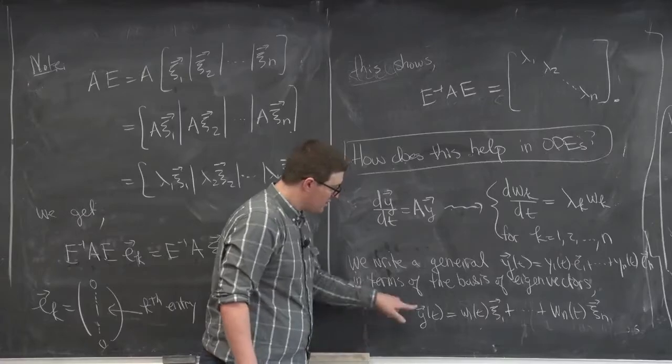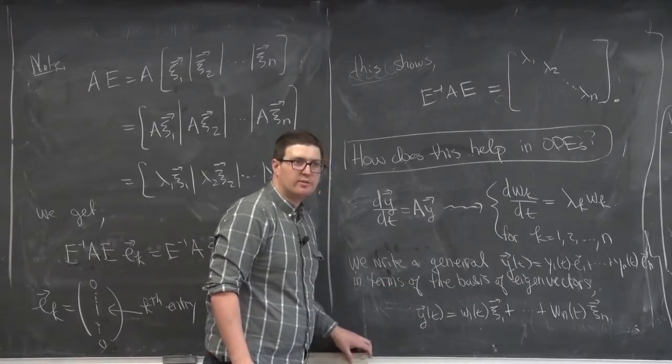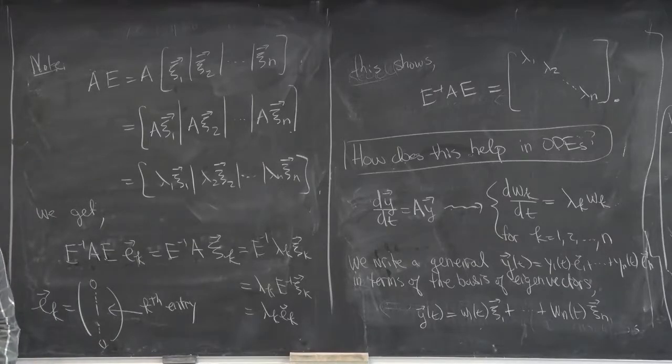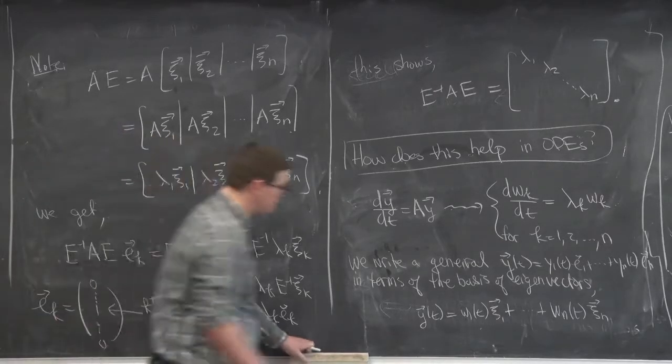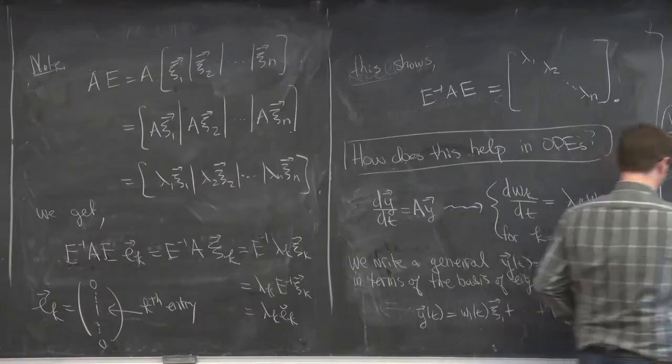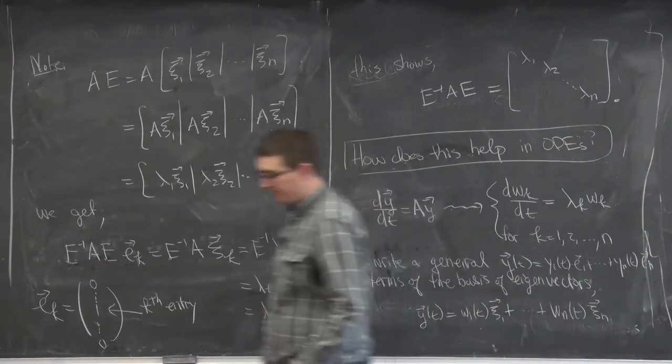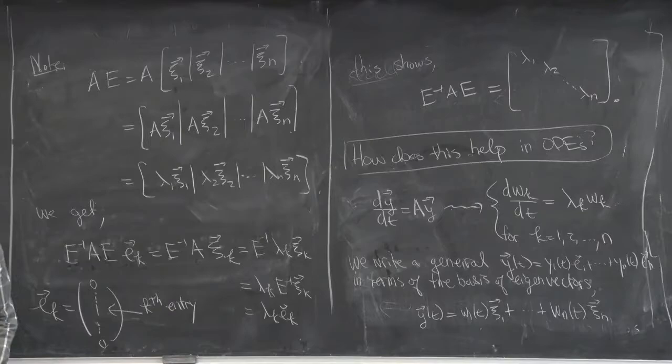But you can always expand something in terms of a basis of eigenvectors. Any vector can be written in terms of these eigenvectors. Now when we plug this into our equation, what happens?